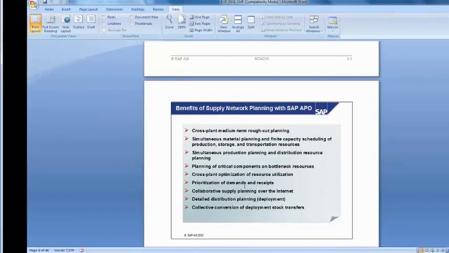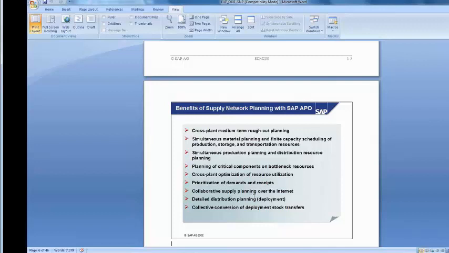Another thing is that in SNP we can prioritize our demand. Let's say we have demand from customers, from our forecast, or from something else. In SNP we can prioritize demands depending on certain criteria, and plan in such a way that the higher priority demand gets fulfilled first and then the lower priority demands.